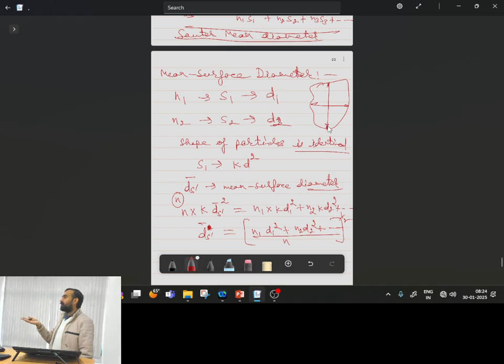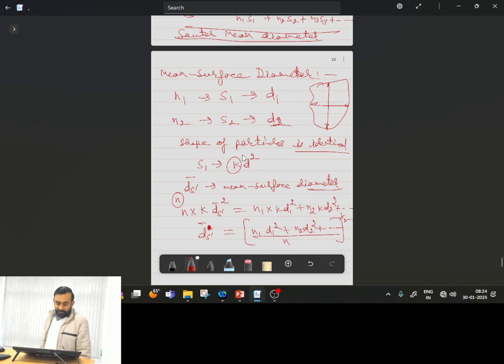How to characterize the random shape of the particles, I will discuss in the subsequent lectures. I am not saying that all the particles are spherical, but the assumption is that the shape of particles is identical. If the shape is identical, then in characterizing the surface area of the particles, this constant multiplying factor will remain the same. Is this one clear?